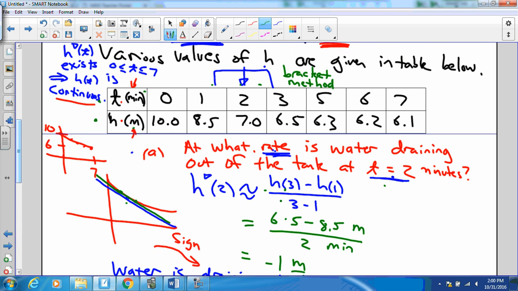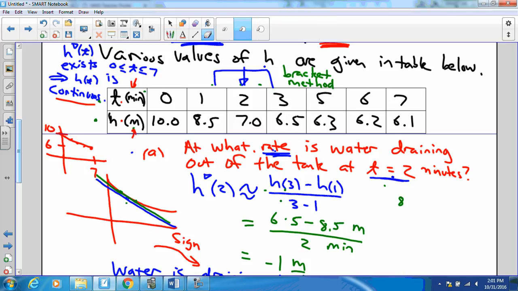Let's see which one. For t equals 2, can we just divide from 8.5 to 7.0 plus 6.5 minus 5.0, and you said it's an average of 5?